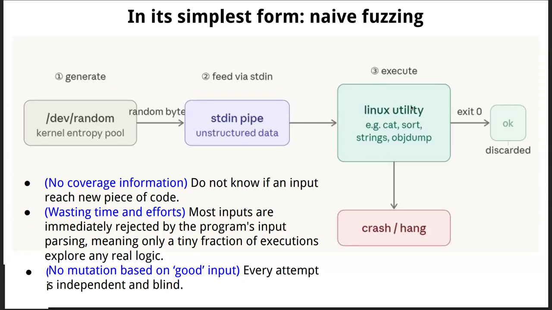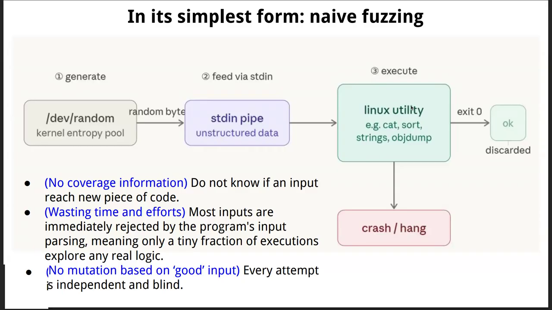So we do not really know whether an input reaches some interesting part of the program. The program may have thousands of lines of code. Your input may only reach the very beginning and quickly make the program exit. It didn't really touch deeper states, deeper code in the program, right?